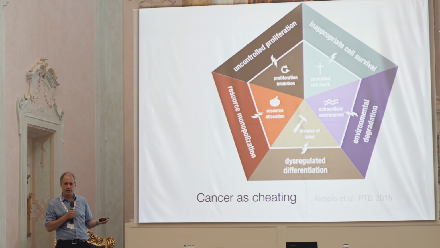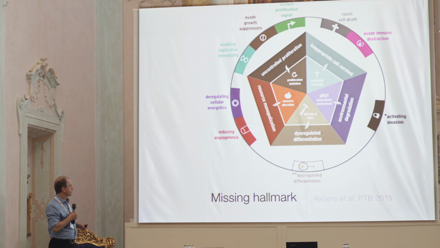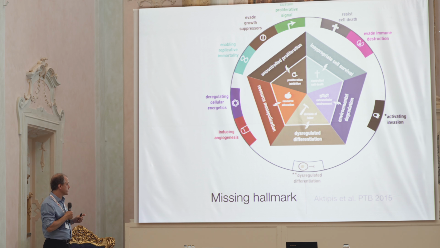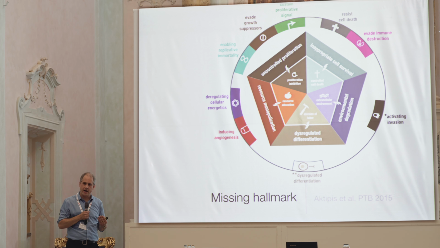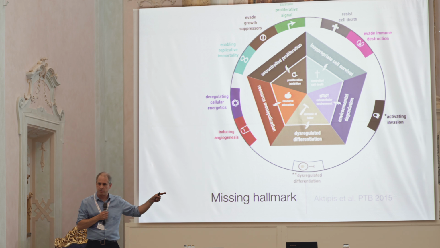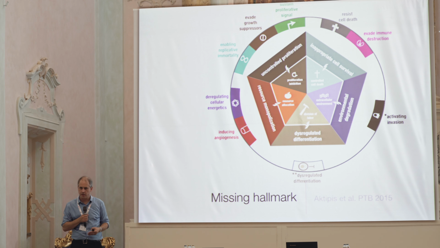And that's a general definition that can apply to all these organisms. But it also implies that you could start doing early detection by looking for cheating on these forms of cooperation. And it leads you to new proposals: you could have a pre-cancer that is not a tumor, that is not a mass, because it has not yet started cheating on uncontrolled proliferation or apoptosis suppression, but it has started cheating in terms of resource monopolization, loss of differentiation, and other things.